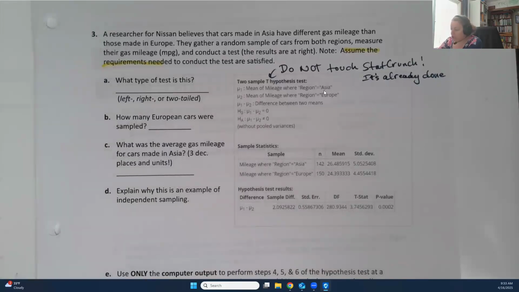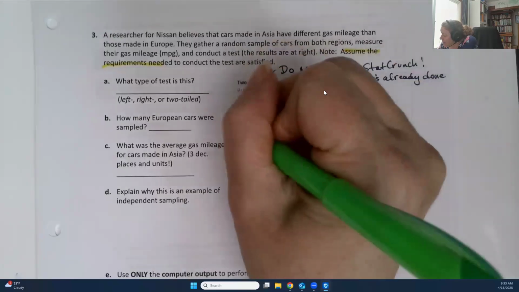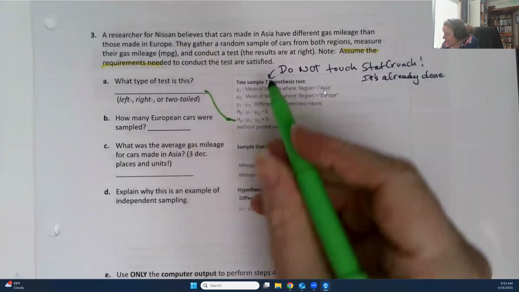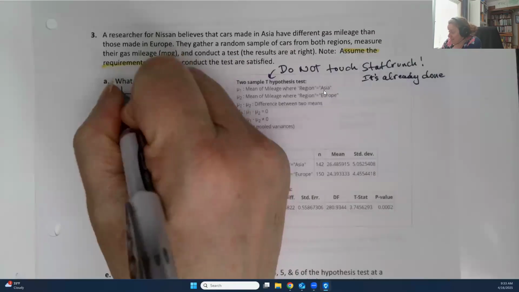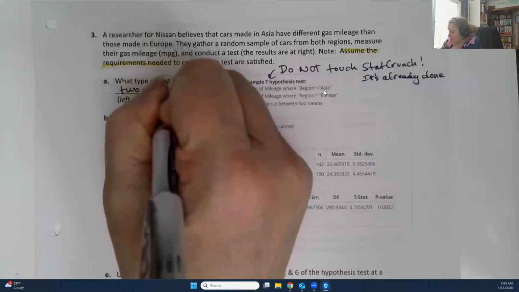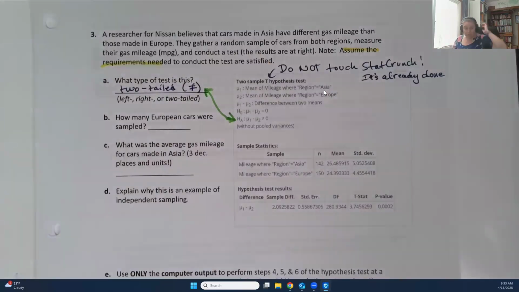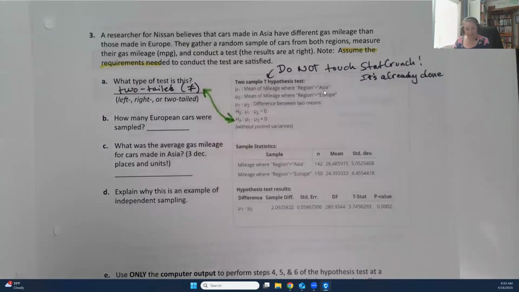Look right here. See the not equal to in there? That's a two-tailed test, because a not equal test is a two-tailed test. That's how you can tell.